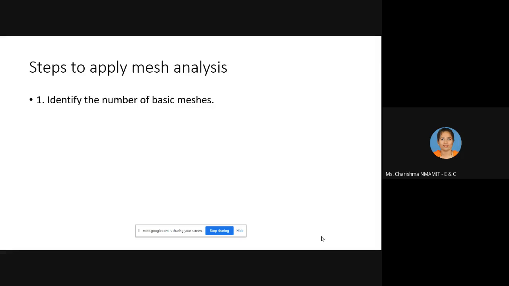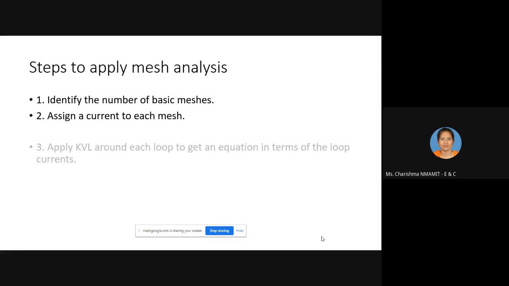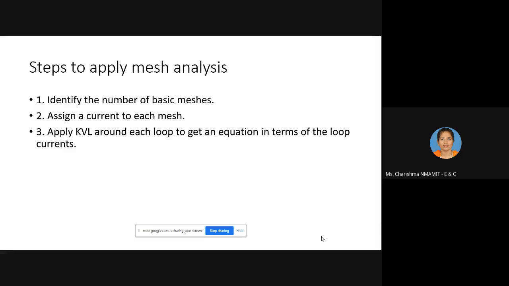In order to apply mesh analysis, these are the basic steps. First, you need to identify the number of meshes. You need to assign a mesh current to each mesh in some arbitrary orientation. Then apply KVL around each loop and get the equations in terms of loop currents or mesh currents.